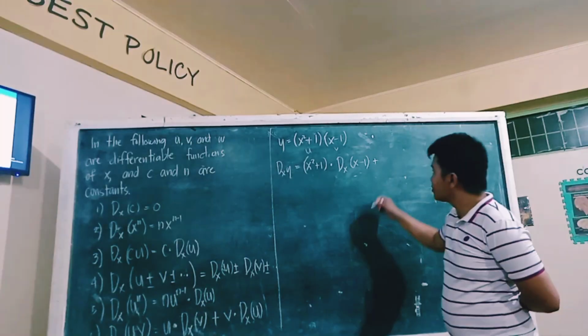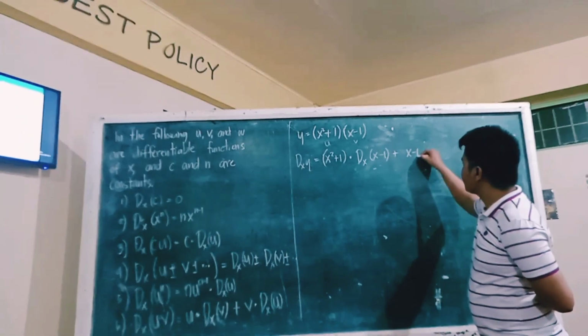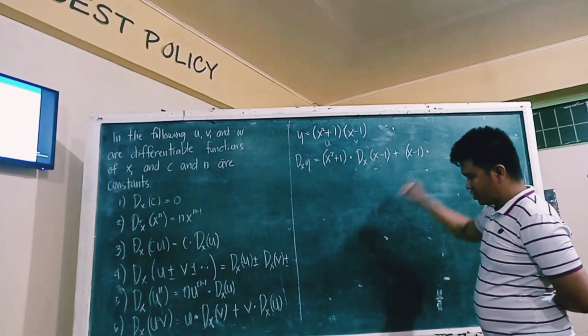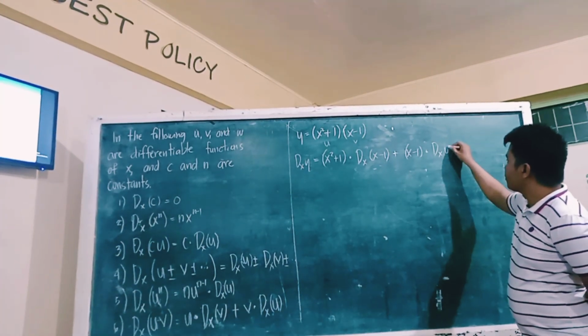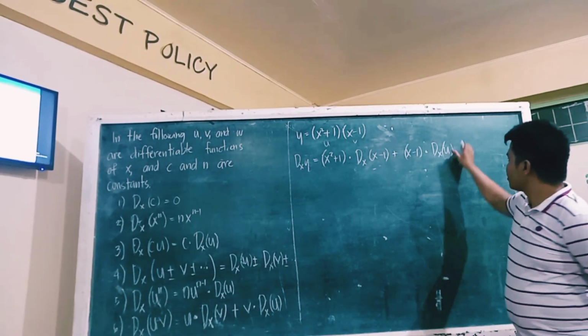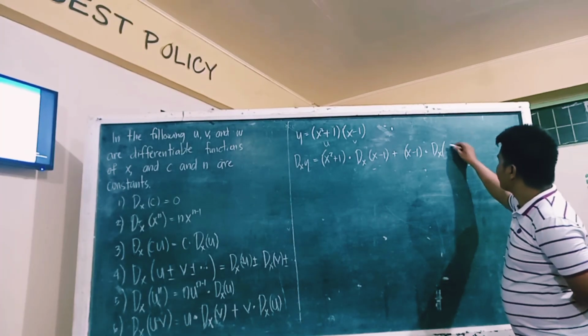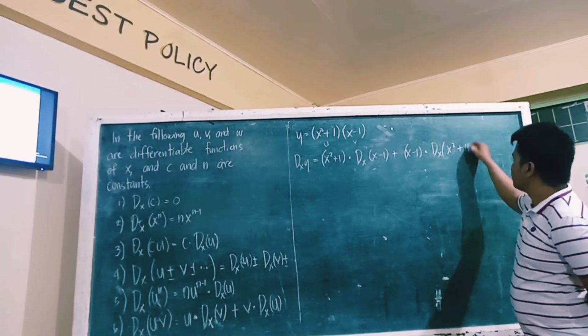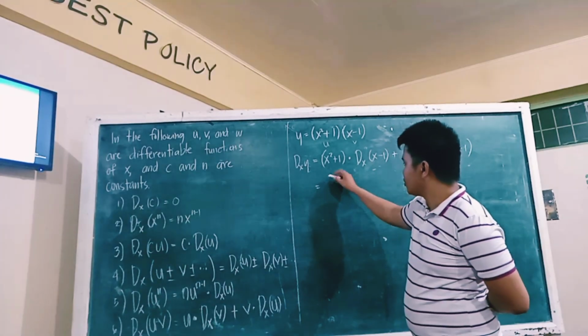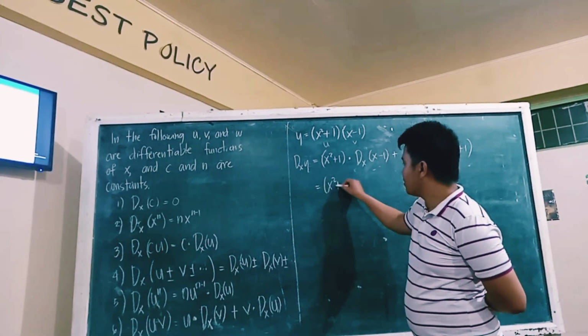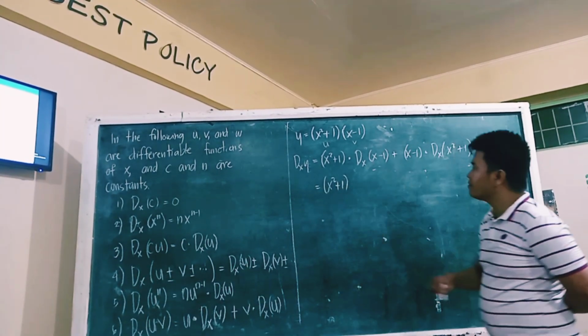The v here is x minus 1 times the derivative of u, the derivative of x squared plus 1. So simplify. Just copy x squared plus 1. This is the derivative of x minus 1.